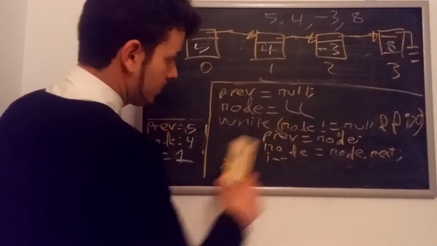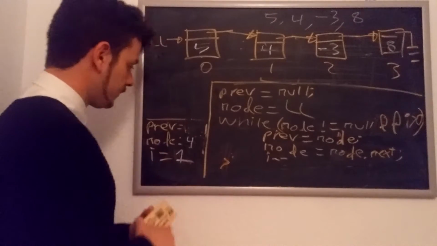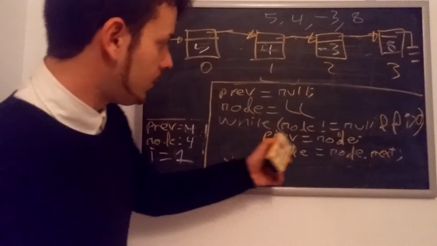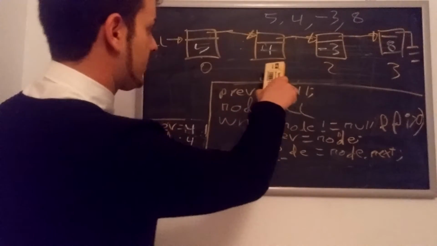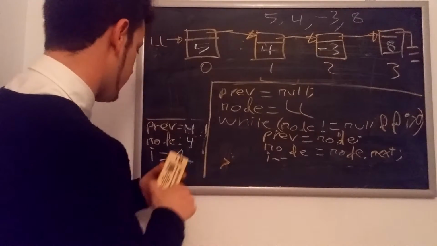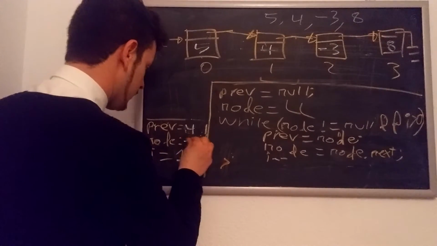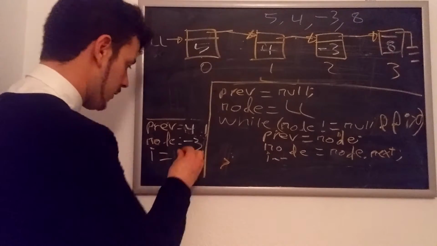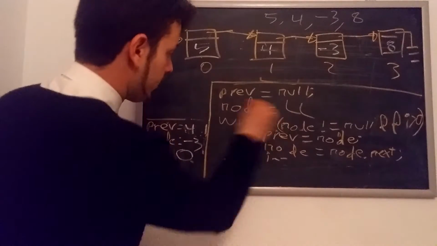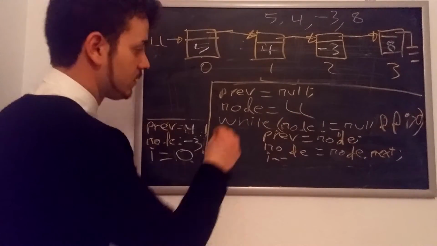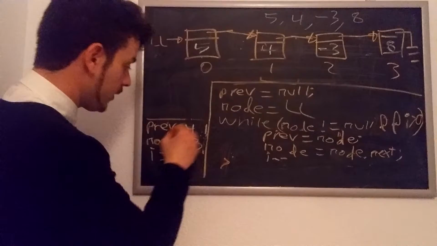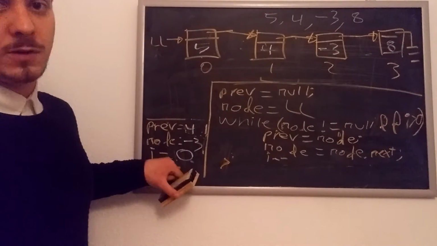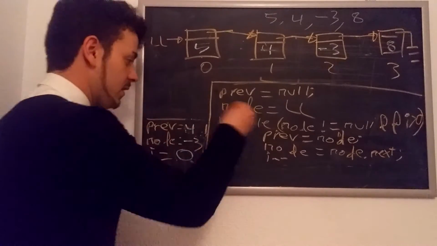So we do prev equals node, prev now equals 4. And node equals node next, the next element to the 4 is minus 3. And we decrement I, so now I is 0, and we reevaluate the condition. Node is different from null, but I is not bigger than 0, I is now 0, so we do not execute the while loop.